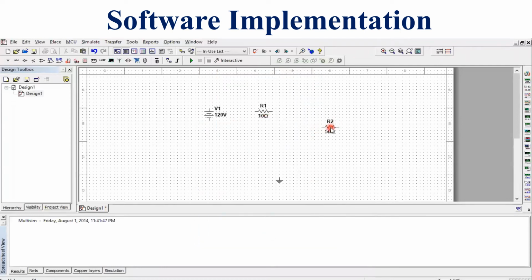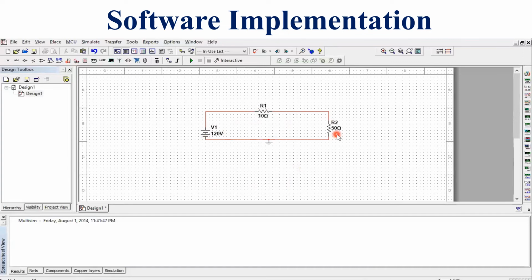Now it's time to arrange all these components. Select the resistor and controller for the movement of any resistance. Arrange all these components. Now our circuit diagram is complete. The next step is the measurement of voltage across the series circuit.